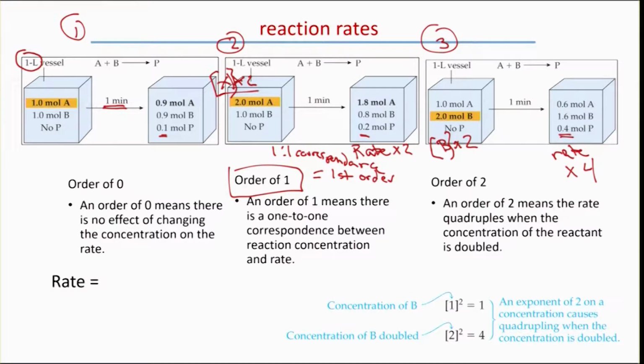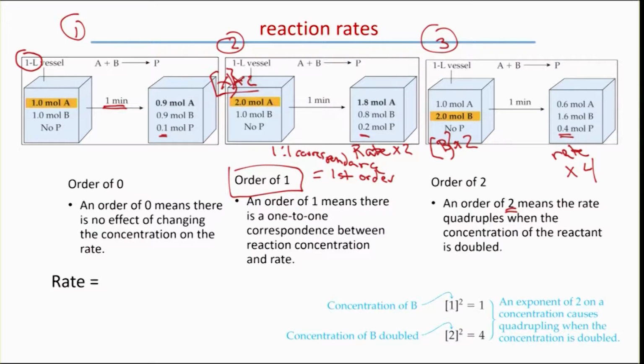All right, then let's look at the second order, and this is demonstrated with B. From experiment 1 here, where B was 1 mole, to now when we doubled the concentration of B, our rate went up by a factor of 4. So that indicates that we have a second order. The rate quadruples when the concentration of the reactant is doubled.